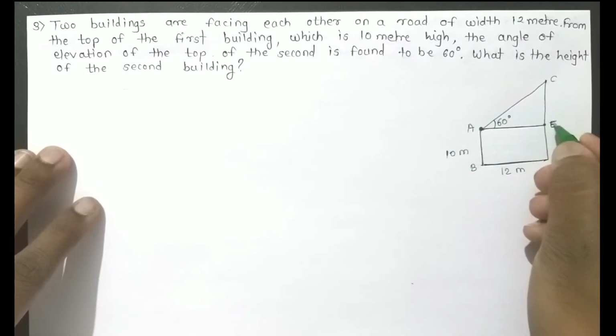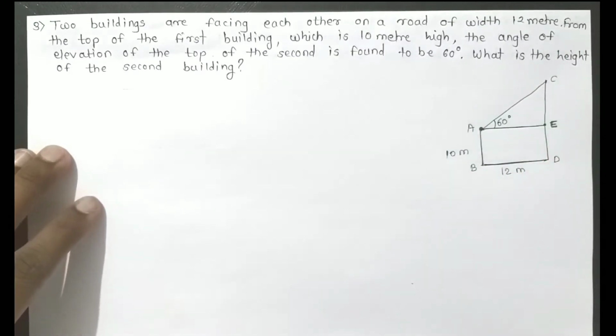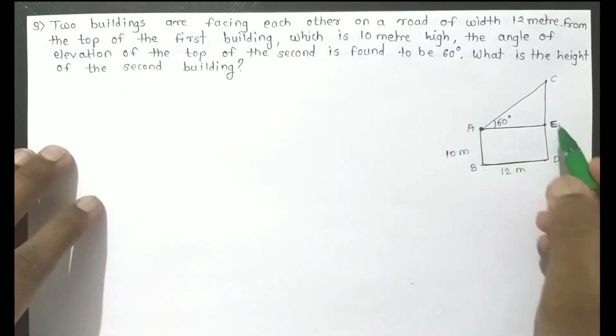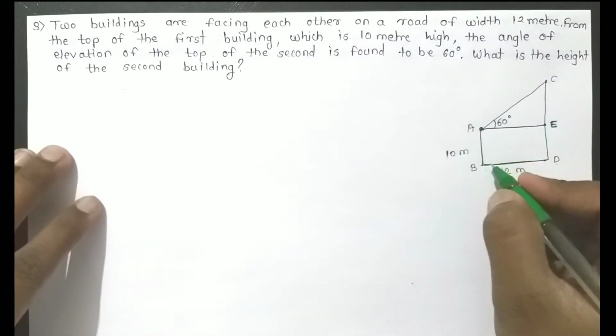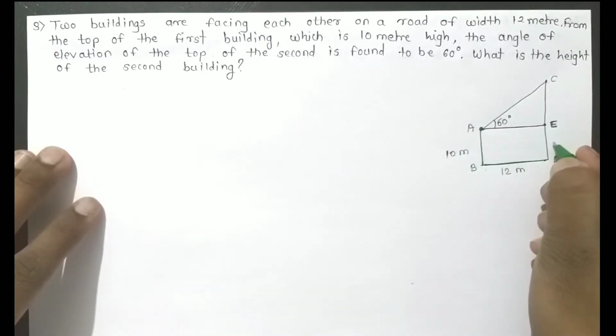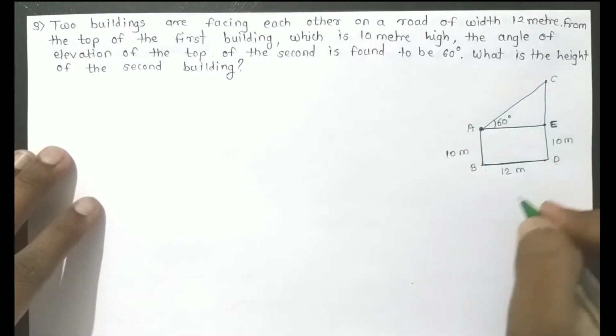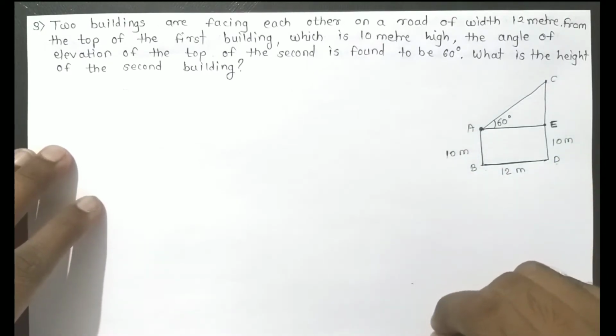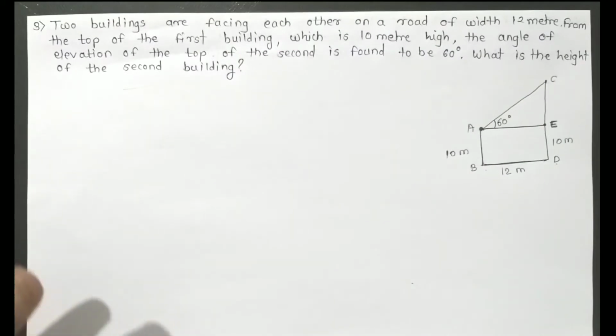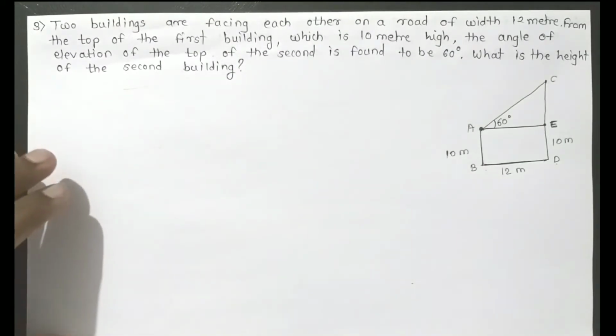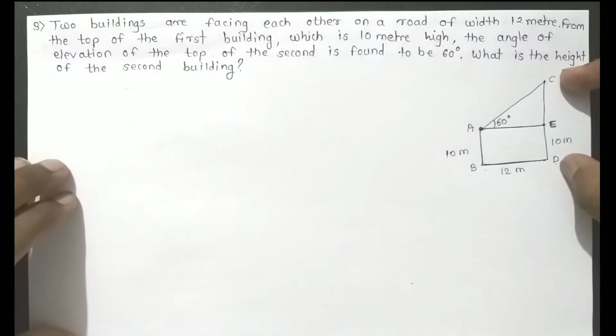This point is called as E. Okay, so ABDE is a rectangle. So AB is equal to ED. So ED also becomes 10 meter. Have you understood this?